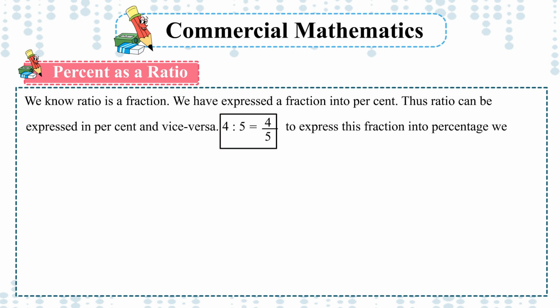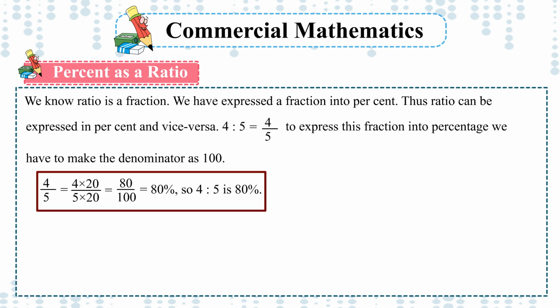To express this fraction into percentage, we have to make the denominator 100. 4 upon 5 is equal to 4 multiply 20 upon 5 multiply 20 is equal to 80 upon 100 is equal to 80%.